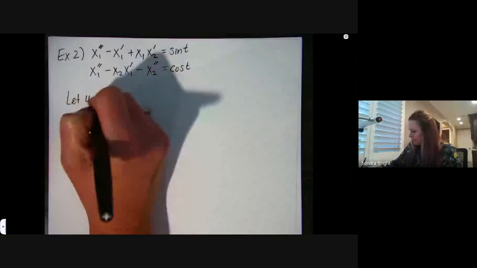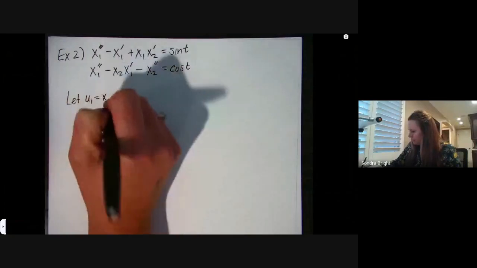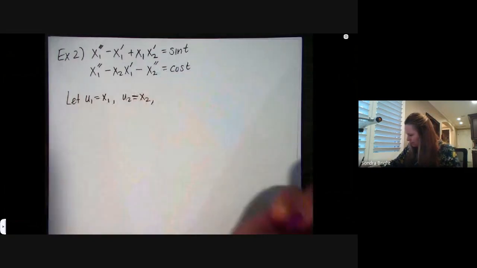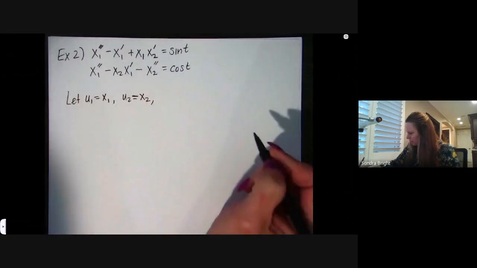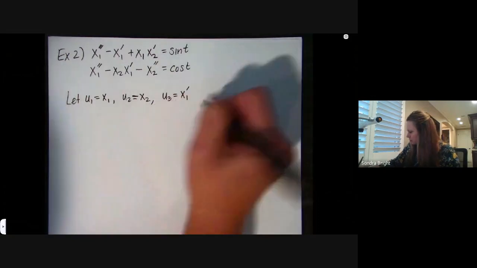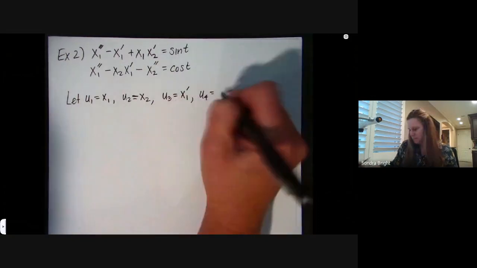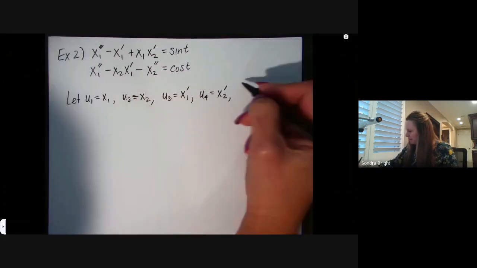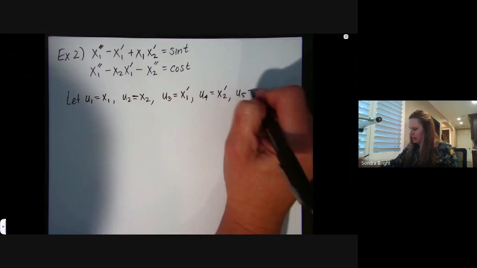I'm going to let u2 equal x2. I'm going to let u3 equal x1 prime. I'm going to let u4 equal x2 prime. And then I'm going to let u5 equal x1 double prime.